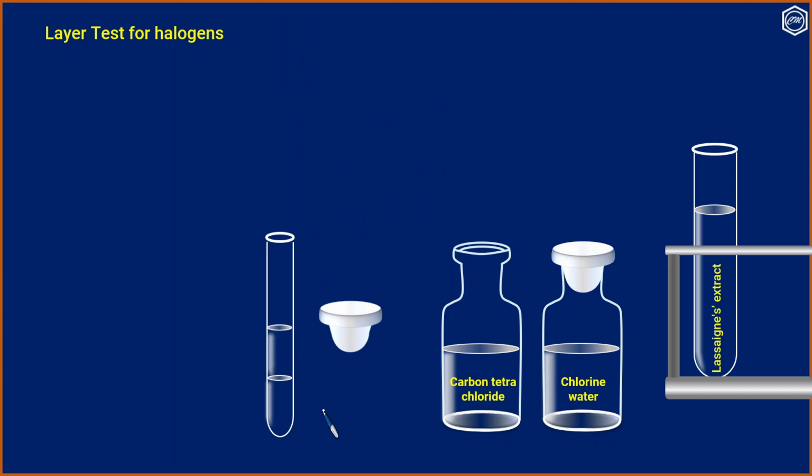We know that carbon tetrachloride is immiscible with water, so two layers will be formed. The bottom layer will be the carbon tetrachloride and the upper layer is the aqueous layer.